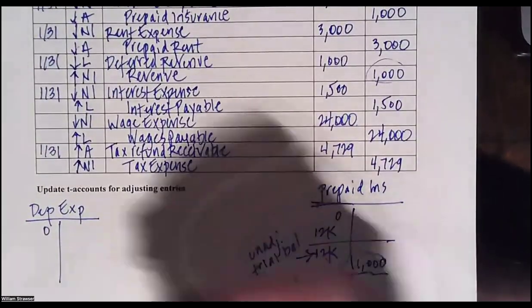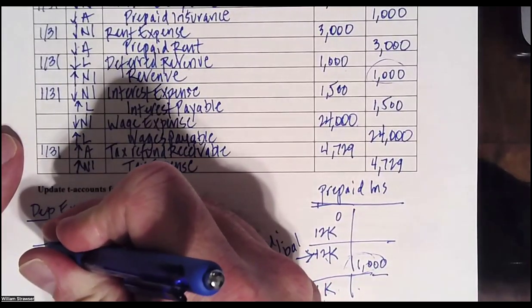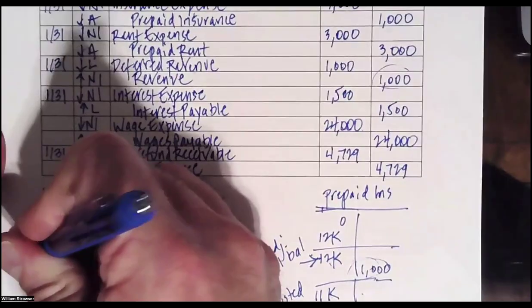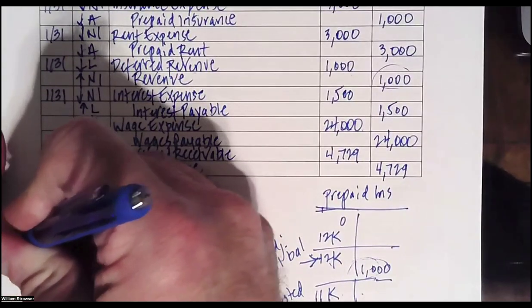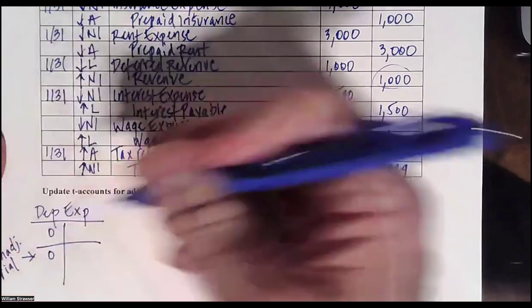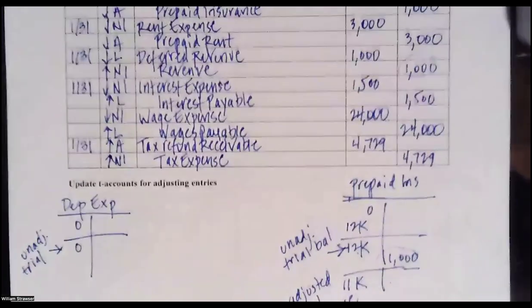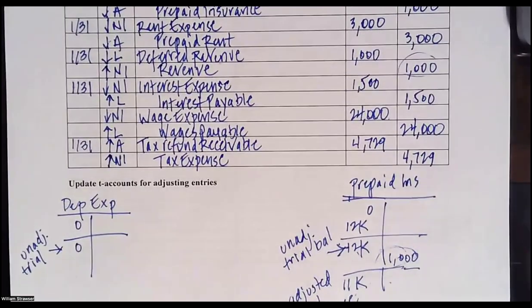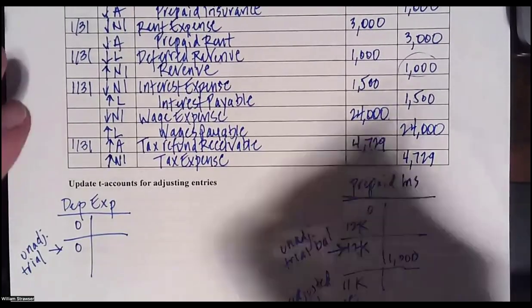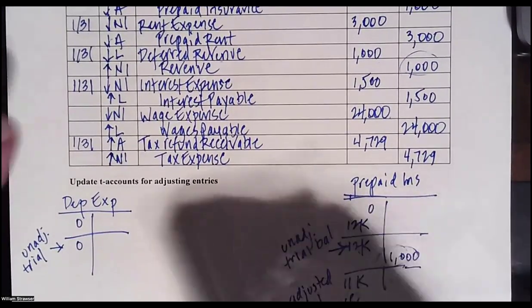We went into the unadjusted balance with no depreciation expense recorded because depreciation expense is just one of those accounts that we don't typically find until adjusting entries, in estimate. So at the unadjusted trial balance date, this was still zero. That's why we didn't have an account for it.